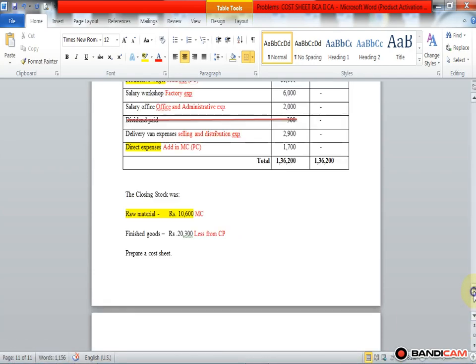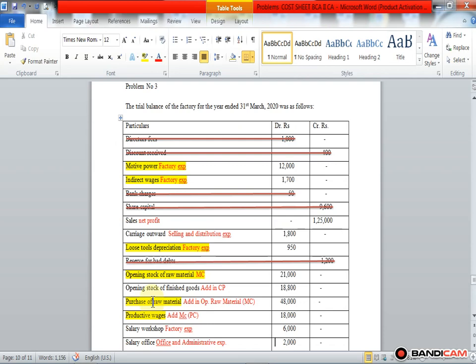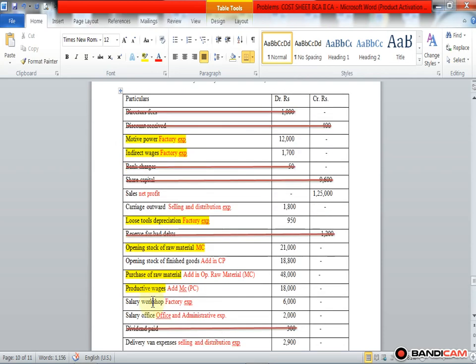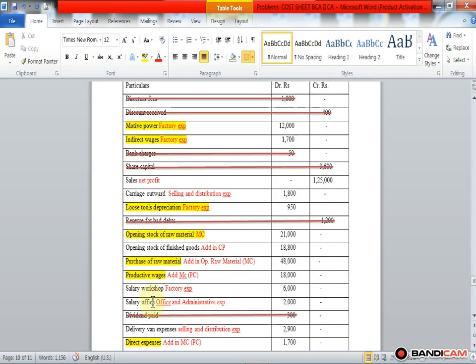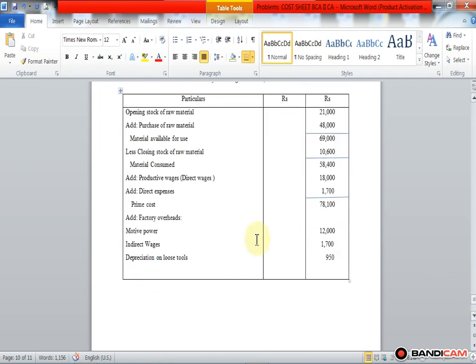Next, find out the other expenses which are related to factory. Here loose tools are transferred; sales, carriage outward, selling and distribution overheads, opening stock, cost of production. Here salaries of workshop is also related to factory, rupees 6,000.